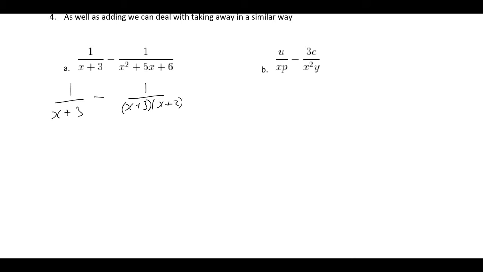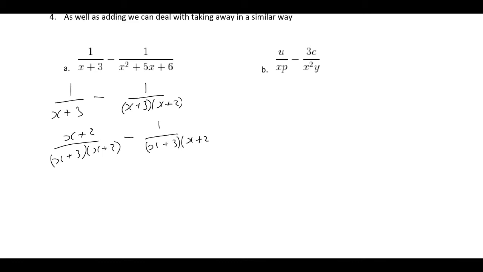Oh, fantastic. So they've both got an x plus 3 in them. So this one, I'm going to times top and bottom by x plus 2.